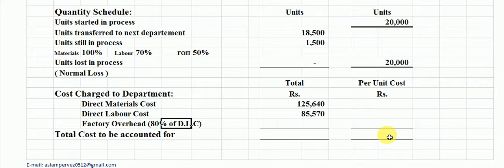Now students, factory overhead is applied, which is 80% of direct labor cost. Now we have to take 80% multiplied by direct labor cost. This is the amount of factory overhead applied: 68,456 rupees is the factory overhead applied as 80% of direct labor cost.